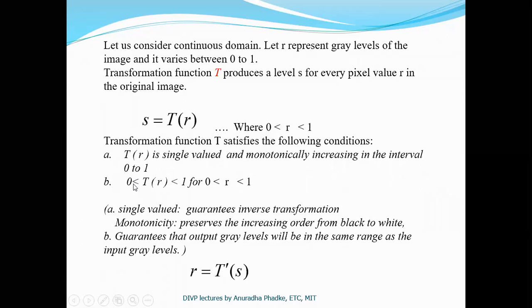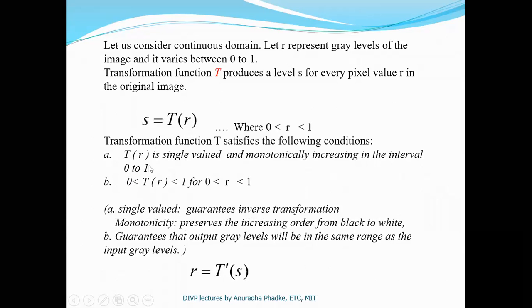What is the use of these assumptions or conditions? When your function T is single valued, it guarantees an inverse transformation. There is a one-to-one mapping, so you can inverse transform this s and get the original value r. Because of monotonicity, it preserves the increasing order from black to white.